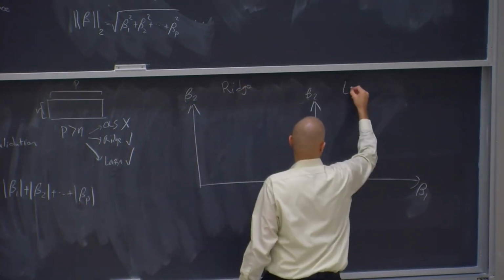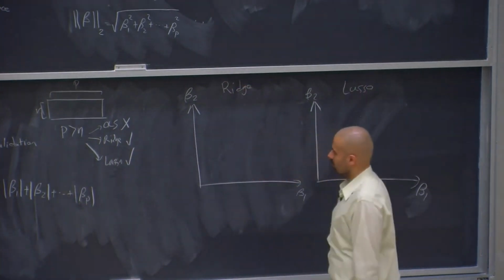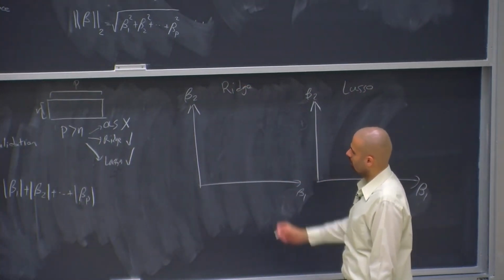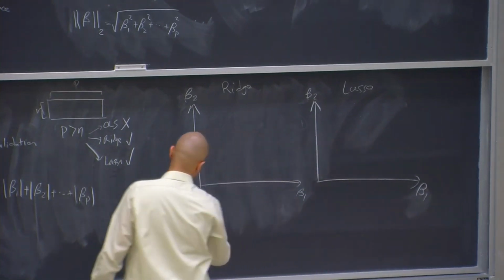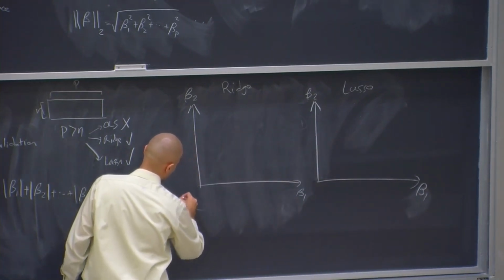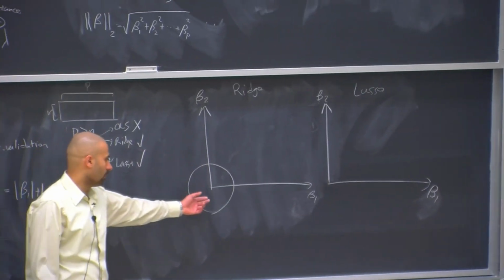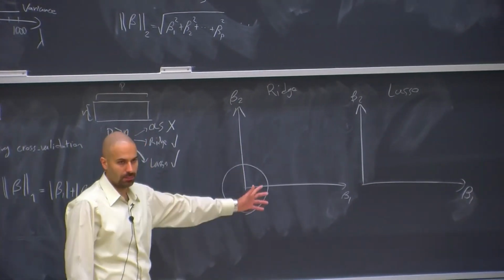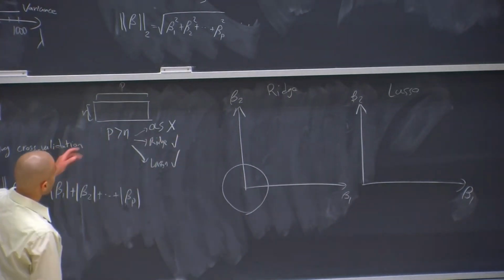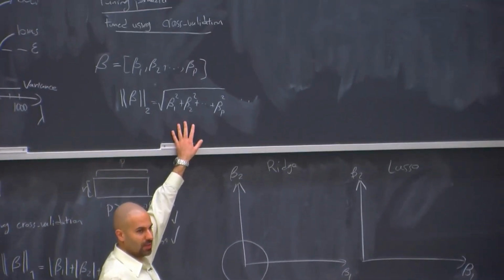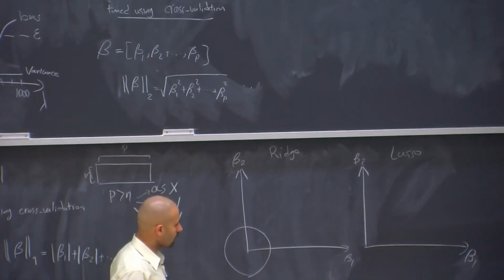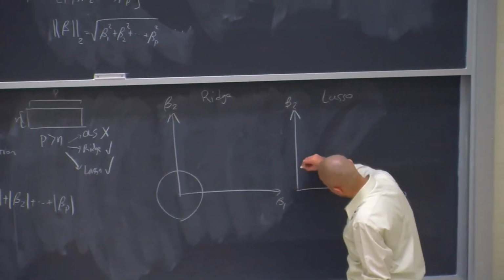So with ridge regression, what happens is that essentially we have this L2 norm, and the L2 norm is equivalent to having some sort of restriction on the kind of budget we have for the coefficients. That restriction is in the form of a circle. This is because this thing under the square root gives us a circle, right, in 2 dimensions. But with lasso, we have sort of a diamond shape.